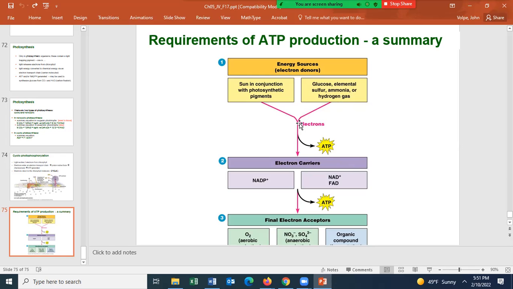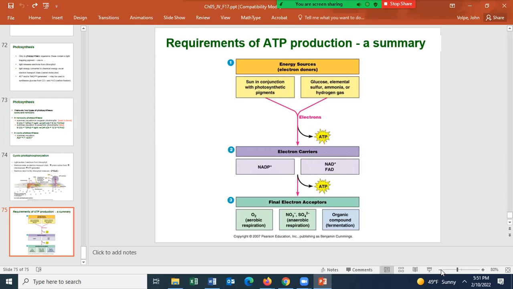The electrons are then carried by a carrier molecule. Along the way, ATP is generated. Let me shrink that down a little. And then the final electron acceptor can vary.